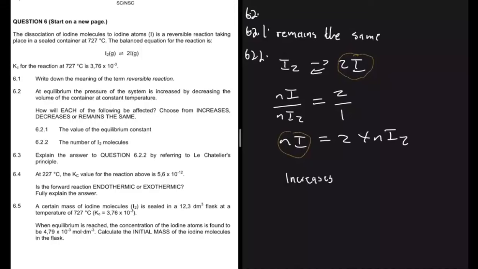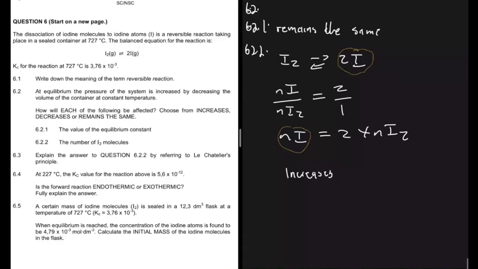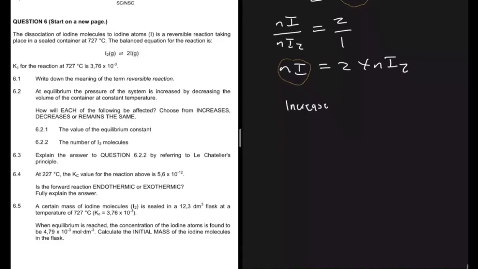If it was vice versa and we were decreasing the pressure, then the forward reaction would be favored and we'd have a decrease in the number of moles of I2. And then 6.3 says explain the answer to question 6.2.2 by referring to Le Chatelier's principle. That is basically what I just did, right? What I just explained.